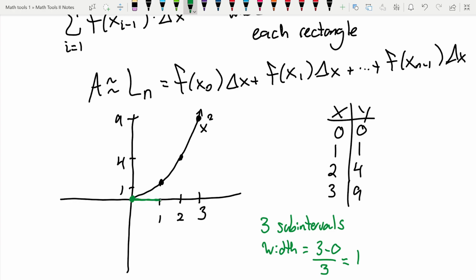So that's easy enough, right? The second one now has height 1. And we bring that over, and this is our second rectangle. Okay. The second one has height 4, or the third one rather. And that's our third rectangle, and then we're done.